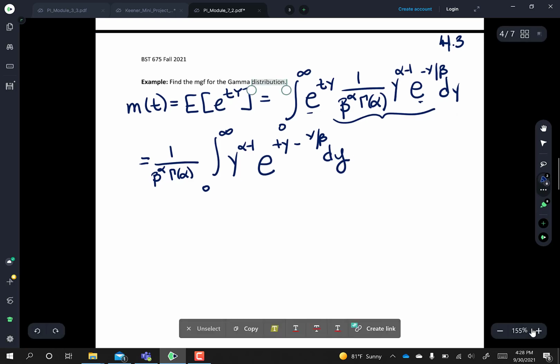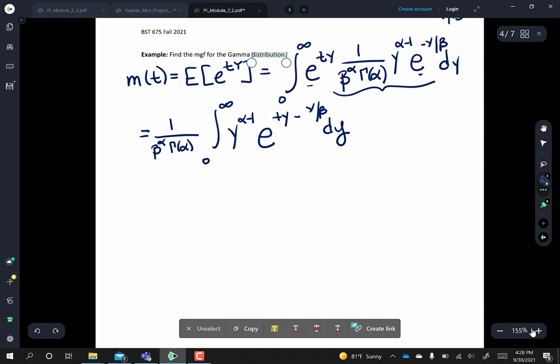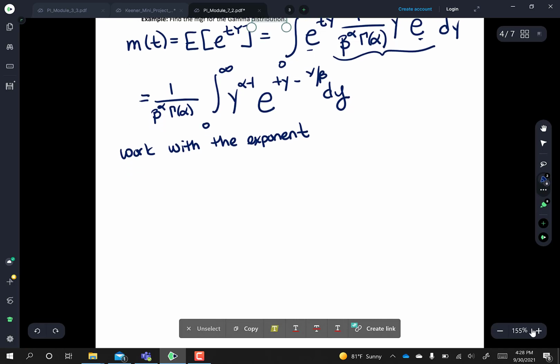All right. So the next thing I'm going to do is work with the exponent. Looking at that exponent, I've got ty minus y over beta. Notice there's a y term shared here.